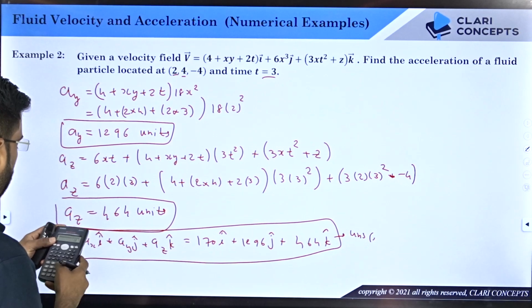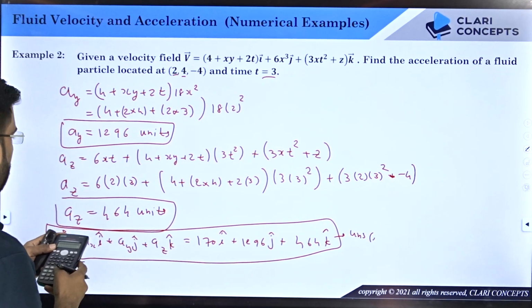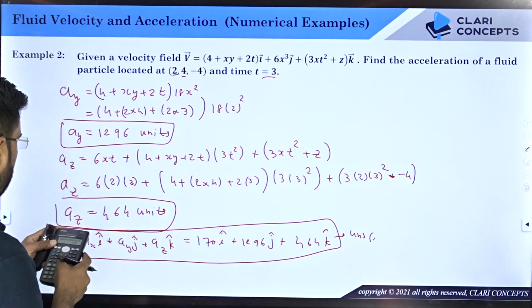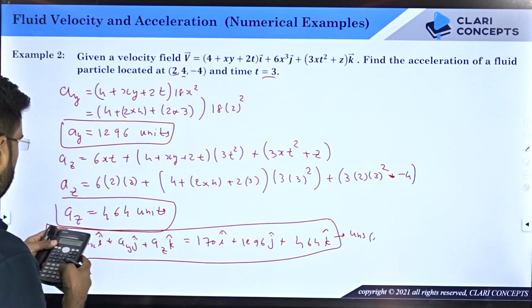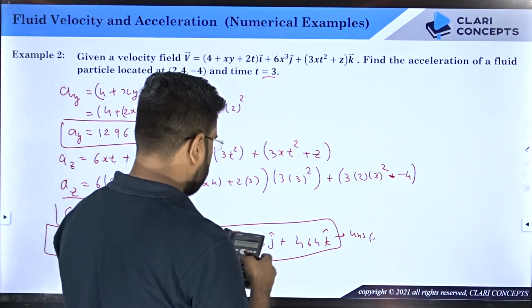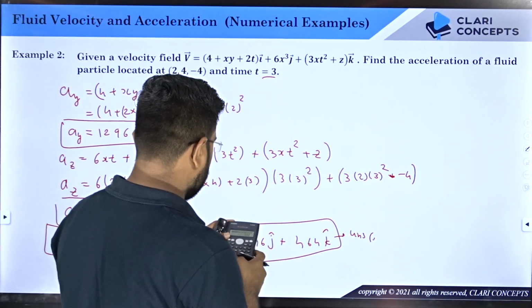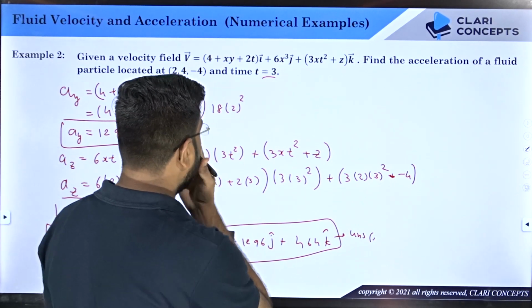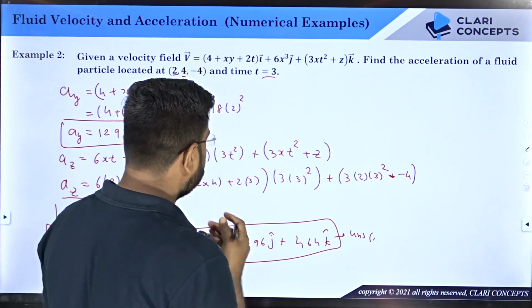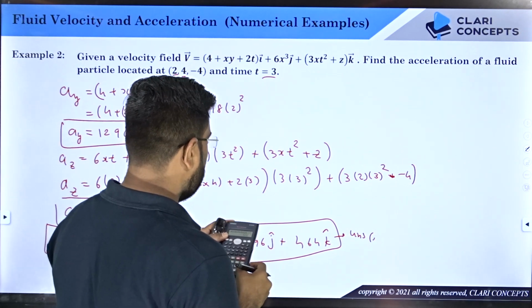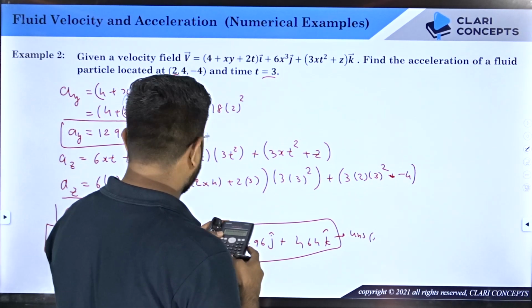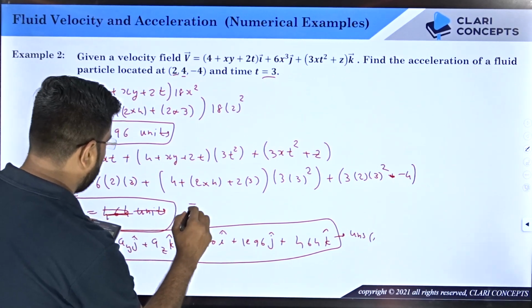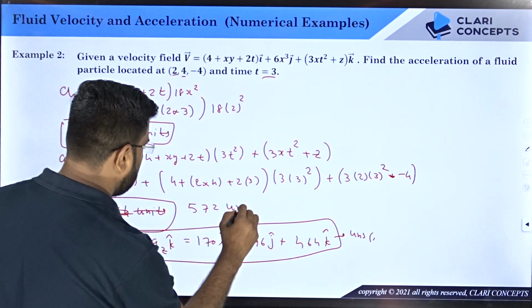So 3 into 3 into 3, then plus 6 to the 12 and then 3 plus, I would say 3 into 2 into 3 into 3, okay, and then minus 4. This is coming to 572. The earlier one was wrong, a calculation mistake was there. 572 units, right.